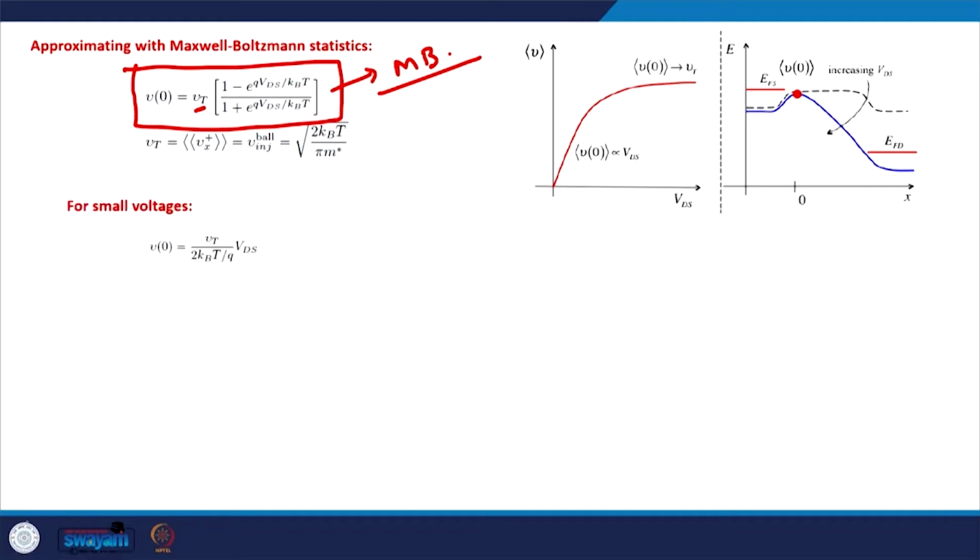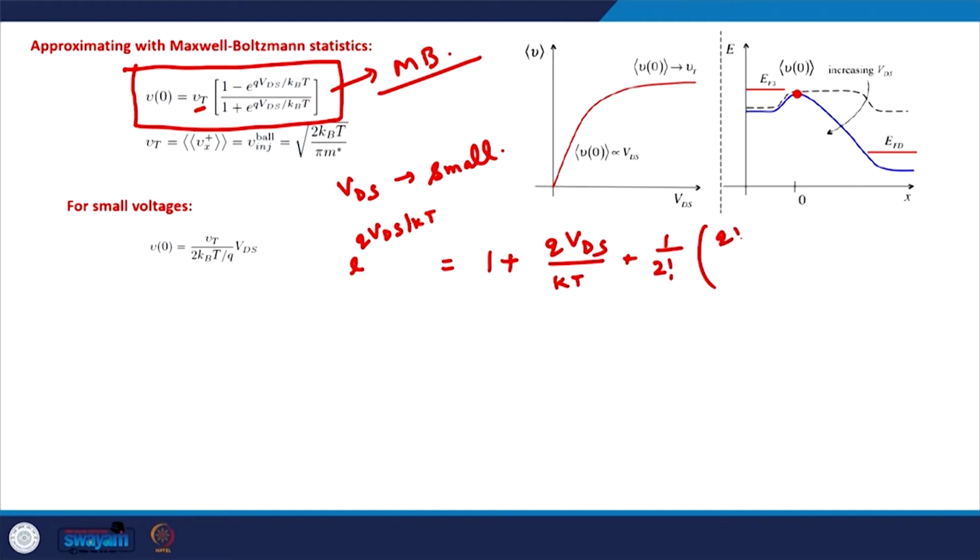So for small voltages, if this VDS is very small, in that case this exponential is, if we expand it, 1 plus q VDS by kT plus 1 by factorial 2 q VDS by kT squared and higher order terms.